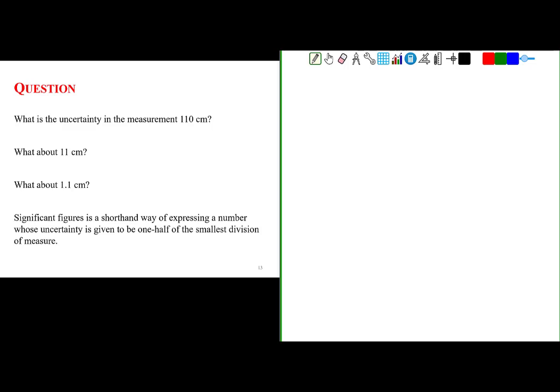Finally, let's do 1.1 centimeter. So let's say this is our measuring device. We will say this measuring device measures in 1, 2, 3, 4, 5, 6, 7, 8, 9. And so we will say our measuring device measures out to 1 centimeter.